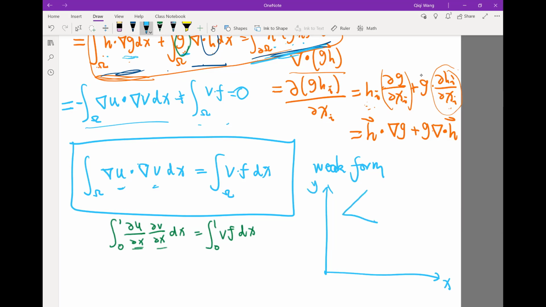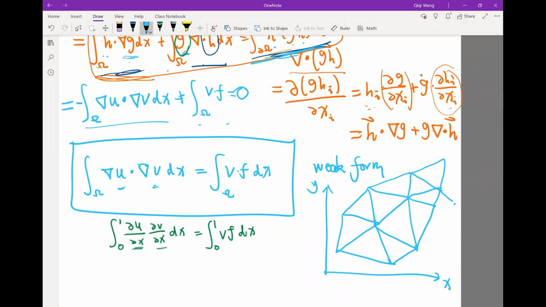It is, again, piecewise linear and continuous. Okay, so how does that work? First of all, this class of piecewise linear and continuous functions works best if you have simplex elements. Simplex elements means triangles in 2D and tetrahedrals in 3D.